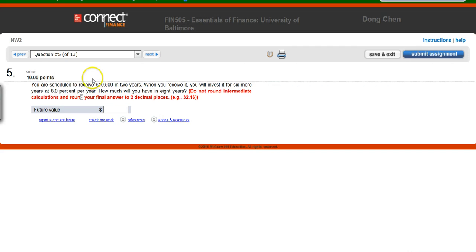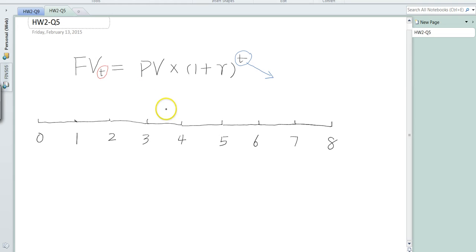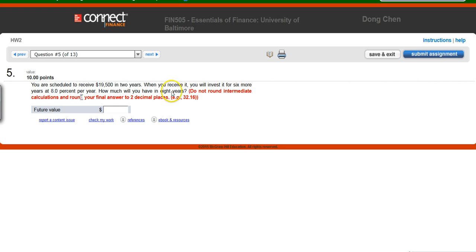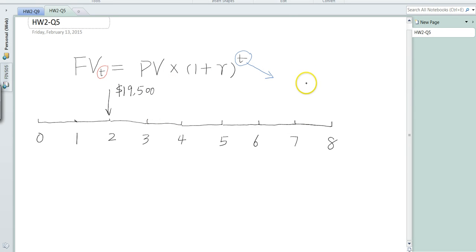So let's go back to the setup. It says you are scheduled to receive $19,500 in 2 years. So that means the cash flow takes place here, year 2, and the amount is 19,500. It further says when you receive it, you will invest it for 6 more years. That's why we have year 8, because that's investing for 6 more years.